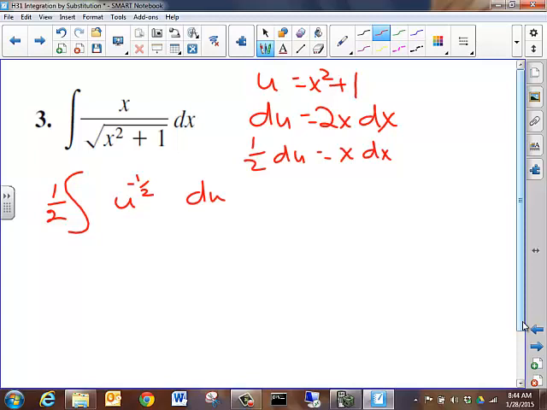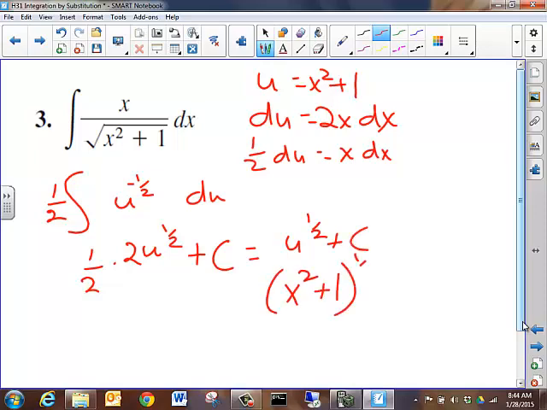So now I've got 1/2 times u to the 1/2 divided by 1/2, which means it's times 2, plus c. Those cancel out, so I've got u to the 1/2 plus c, so that's x squared plus 1 to the 1/2 plus c. Any confusion there?